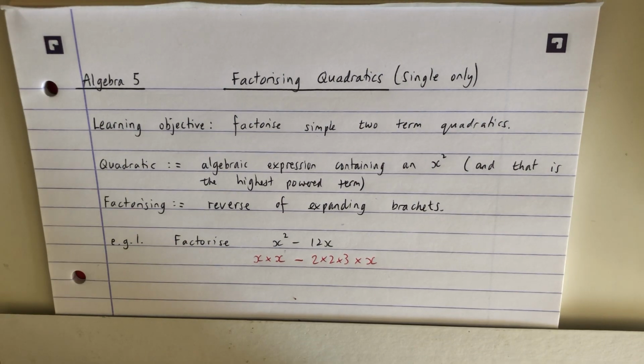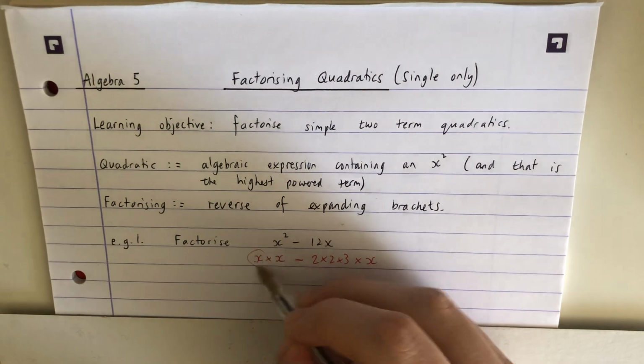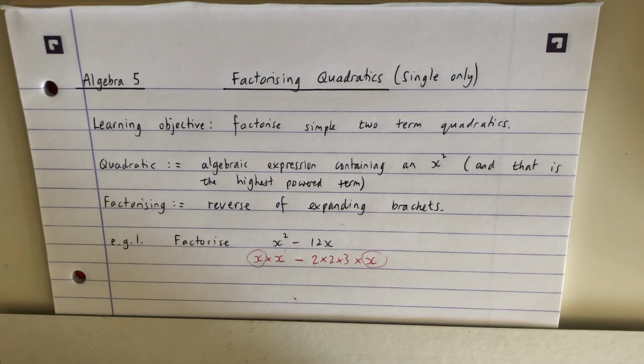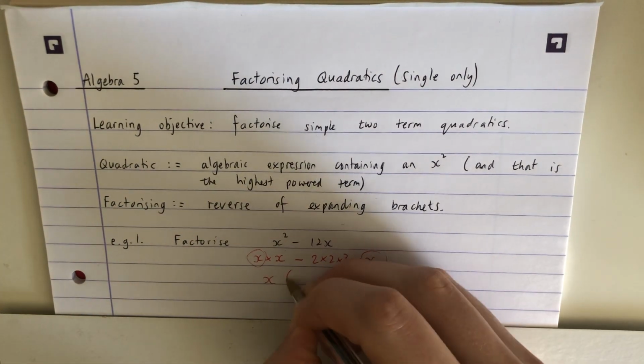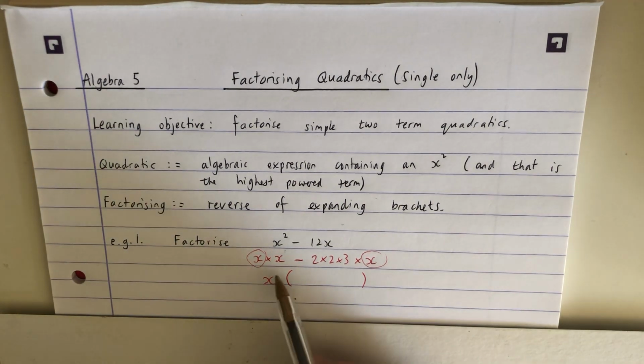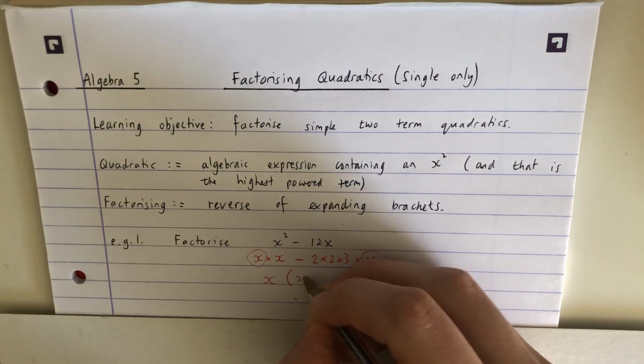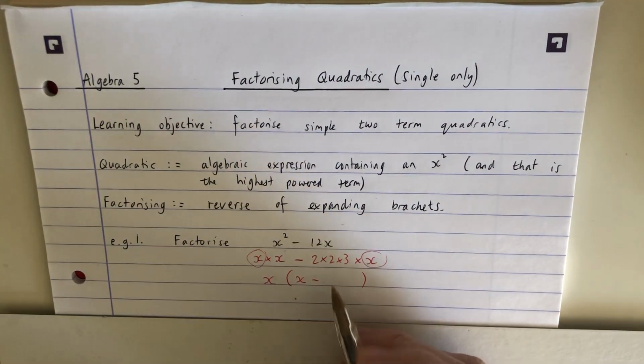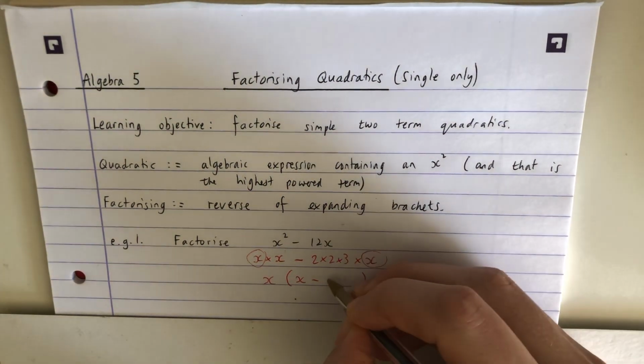And then you identify the common factors. So there's an x there, and there's an x in that term. That's the only common factor, and that goes on the outside of the single bracket. And then whatever's left over goes on the inside. So x is left over, subtract 2 times 2 times 3, which is 12.